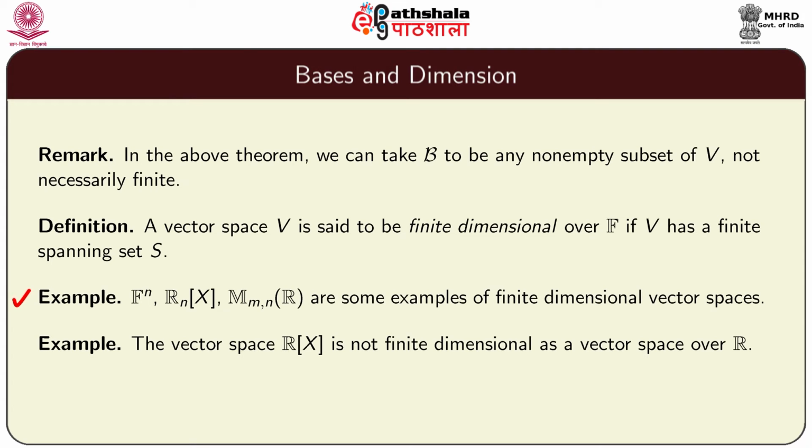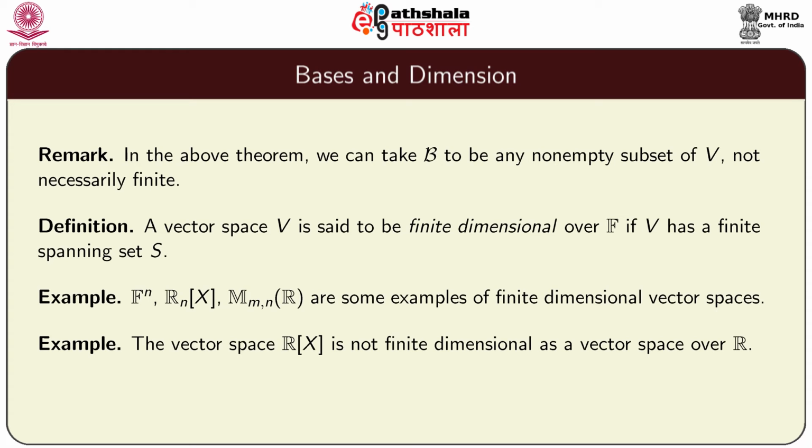Examples: F to the power n, that is the collection of all n tuples with entries from the field F, R_n[x], that is the collection of all polynomials with real coefficients whose degree is at most n, M_m×n(R), that is the collection of all m cross n real matrices, are surely some examples of finite dimensional vector spaces.